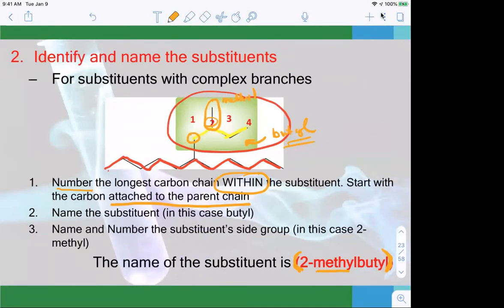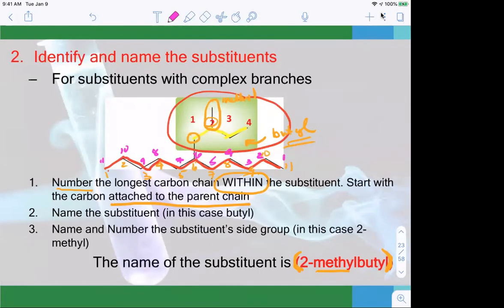So I have 1, 2, 3, 4, 5, 6, 7, 8, 9, 10, 11. So it could be on the 6th carbon, or I could name it this way: 1, 2, 3, 4, 5, 6, 7, 8, 9, 10, 11. It doesn't matter.